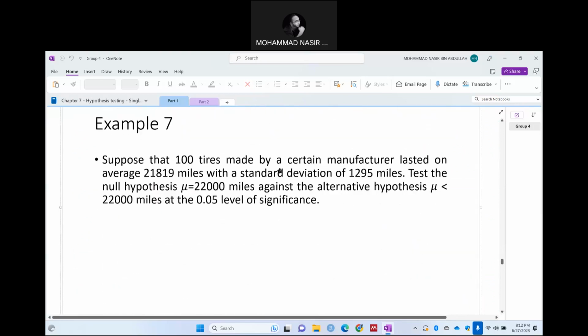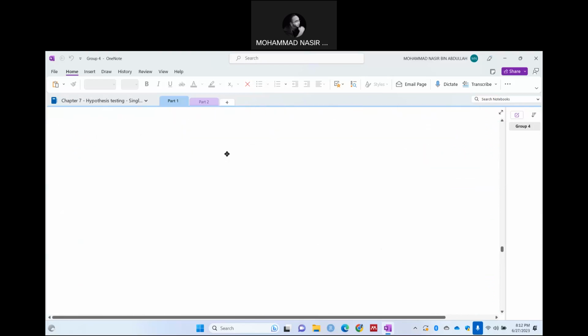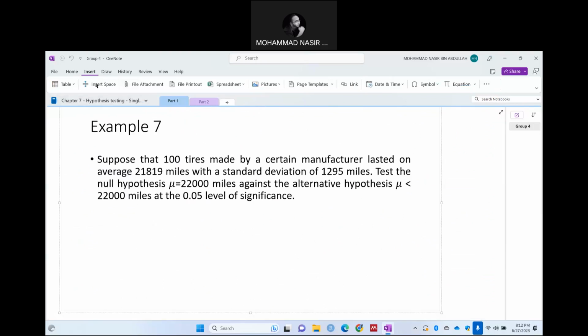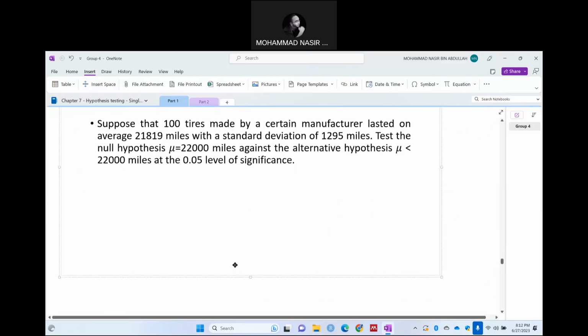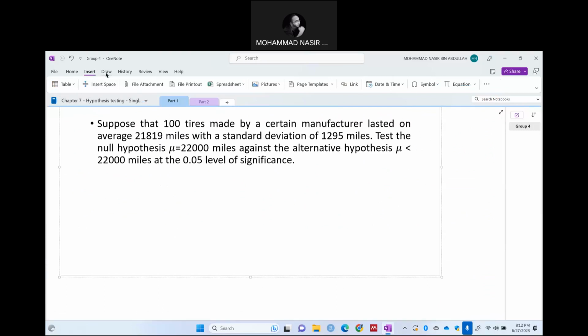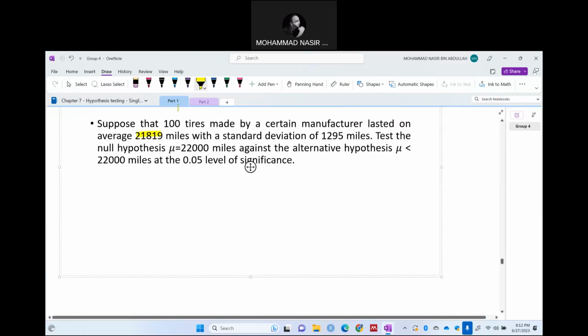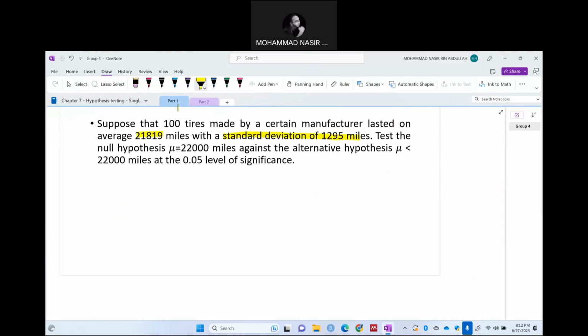Let's look at example number 7 to refresh your knowledge from yesterday. Suppose that 100 tires made by a certain manufacturer last on average 21,819 miles with a standard deviation of 1,295 miles. Test the null hypothesis mu equal to 22,000 against the alternative hypothesis mu less than 22,000 miles at 5% level of significance.